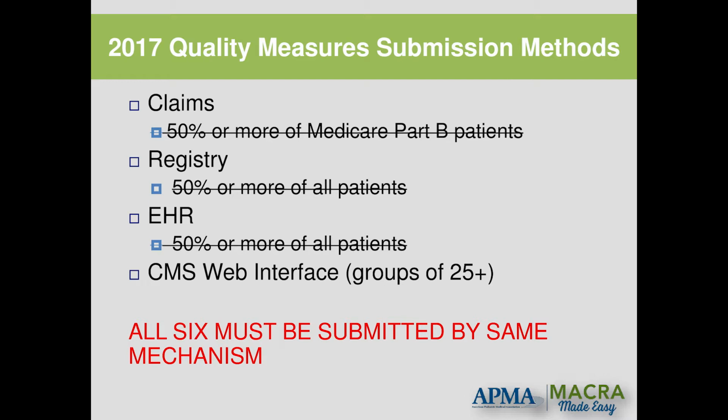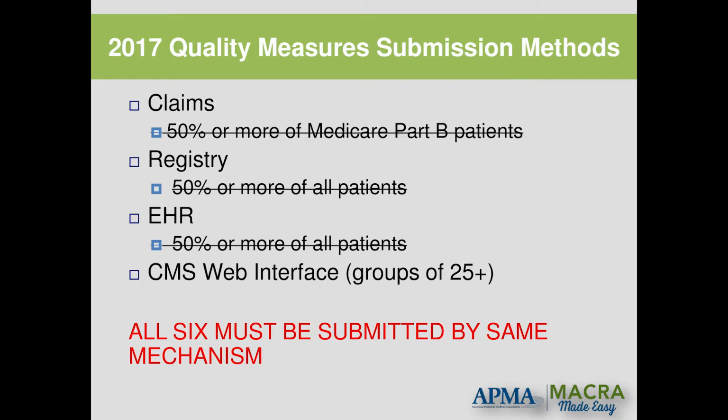You can do it via claims, by putting codes on your claim form. You can do it via registry, where you use something else to collect your information for you and submit for you. You can do it via EHR, or there's another option for those that are in a group of 25 or more. Most of us, if not all of us in the room, are going to be choosing between claims and registry. There are advantages and disadvantages to both of those.